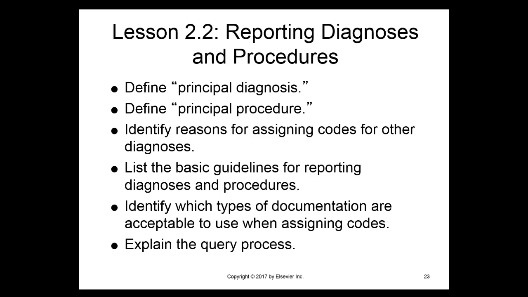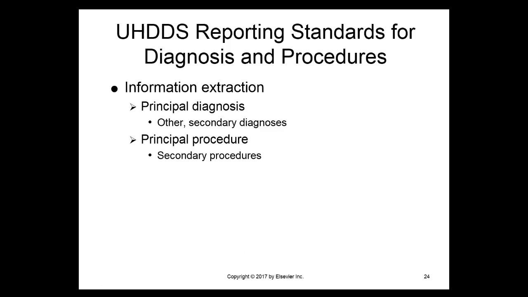So as we look on page 34 in your textbook, we are looking at Uniform Hospital Discharge Data Set, UHDDS, Reporting Standards for Diagnoses and Procedures. So while we have coding guidelines, official coding guidelines, UHDDS actually defines a principal diagnosis and a principal procedure. And so we are going to look at these definitions.